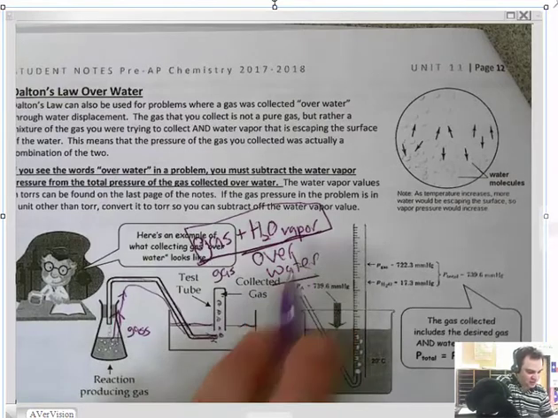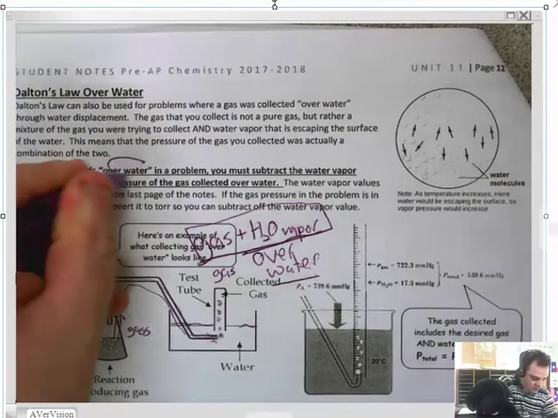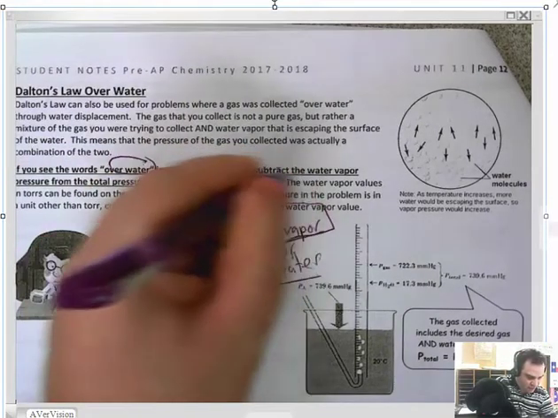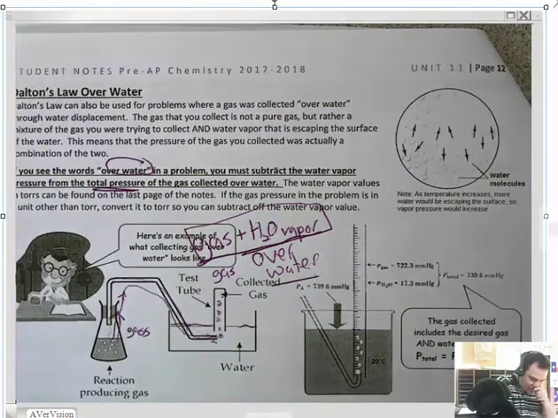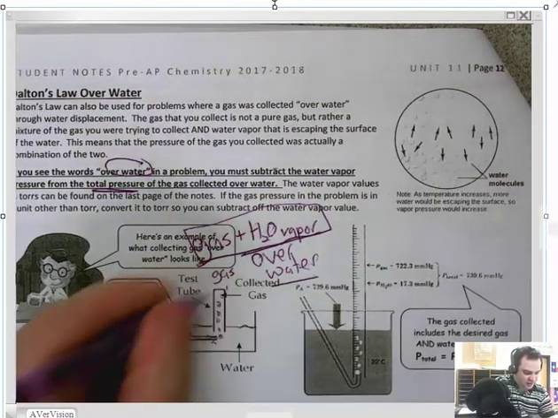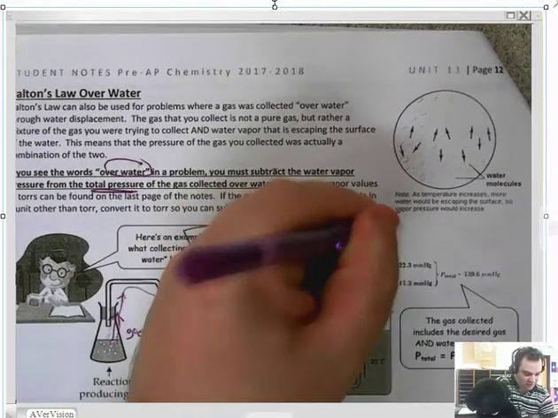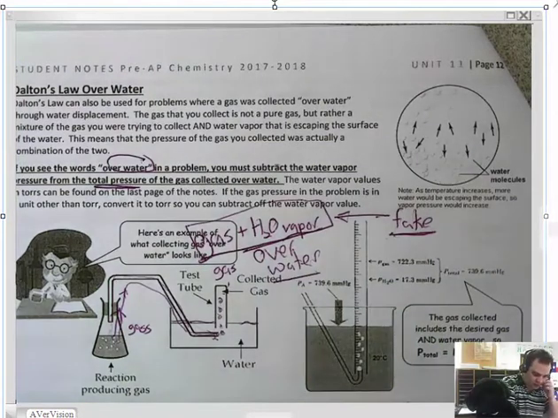In other words, if you see an over water problem, you must subtract the water vapor pressure from the total pressure of the gas collected over water. So this pressure that we are going to get here is actually fake until we subtract the water vapor pressure.